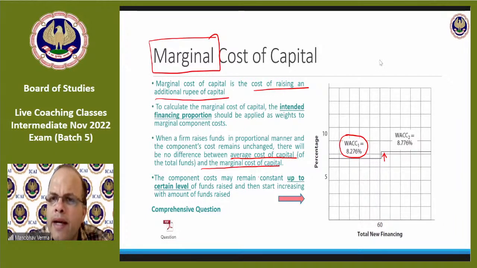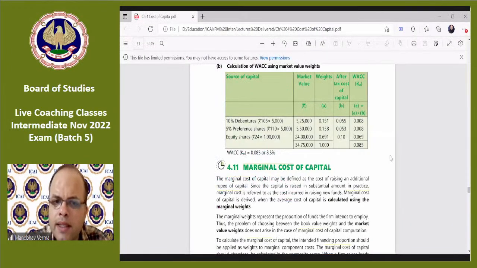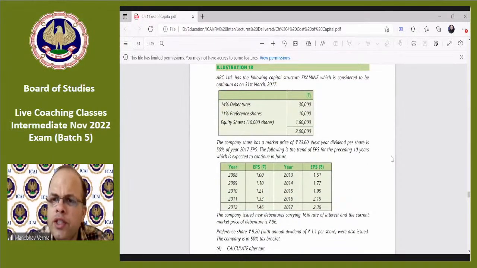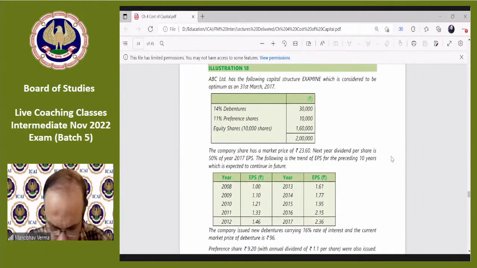So basically what I'm trying to do is, and I think now it will be okay. So guys, I hope you can see the marginal cost of capital here. Can you guys see this illustration on the screen? Can you please confirm? Can you please confirm, guys?